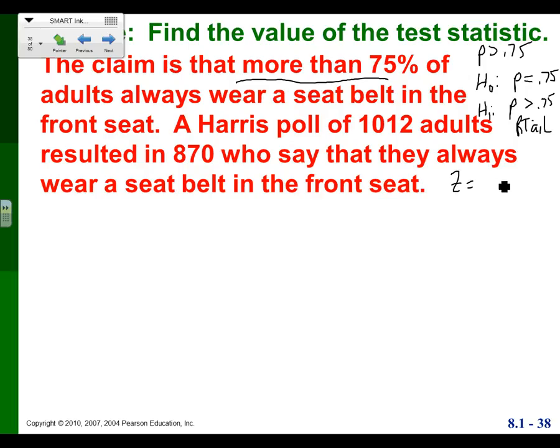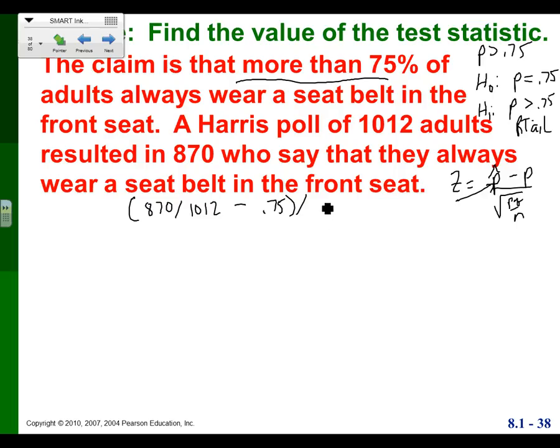So z equals P hat minus P over square root of PQ over N. How do you find P hat? X divided by N, in this case is what? 870 divided by 1012 minus what's P? 0.75 divided by, your thing is cut off.